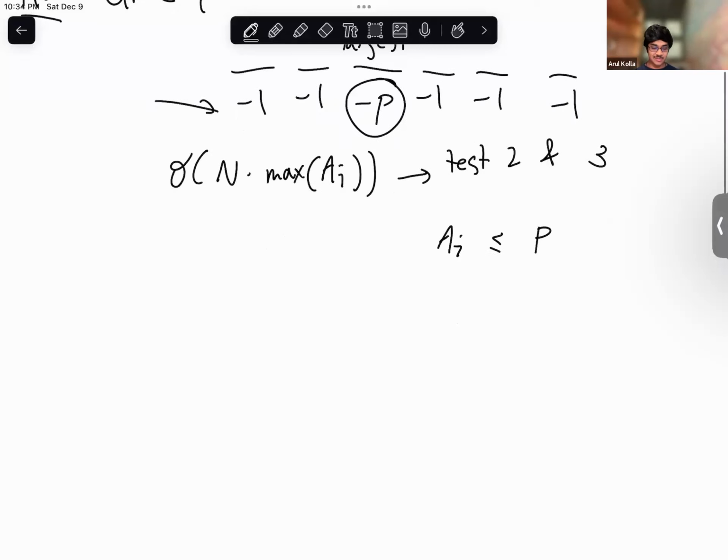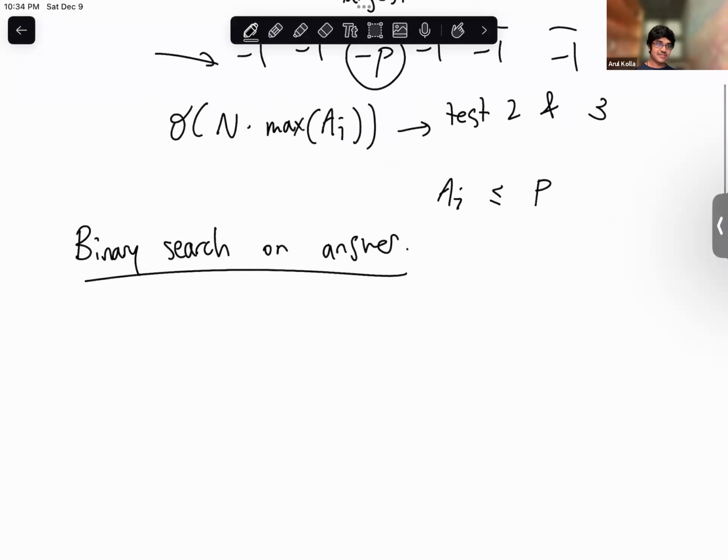The other way you can think about this, and this is the intended full solution, is you do binary search on the answer. The idea of binary search on the answer is let's instead check, can you knock down all blocks in T throws?